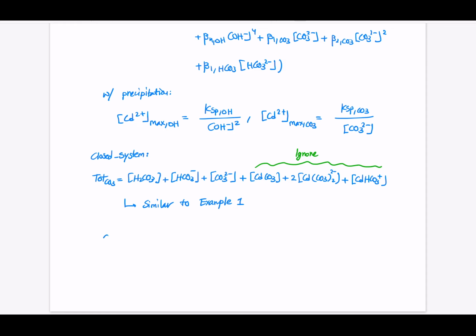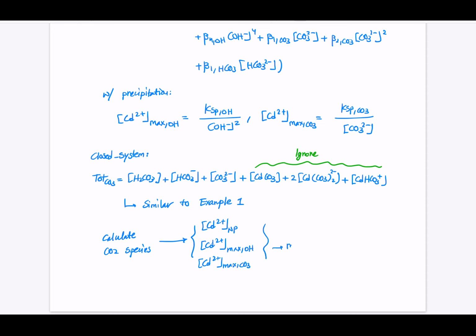So what we do is basically we calculate CO2 species, which is basically an acid base. Then we calculate the cadmium 2 plus concentration, no precipitation, cadmium 2 plus max with hydroxide, and cadmium 2 plus max with CO3.